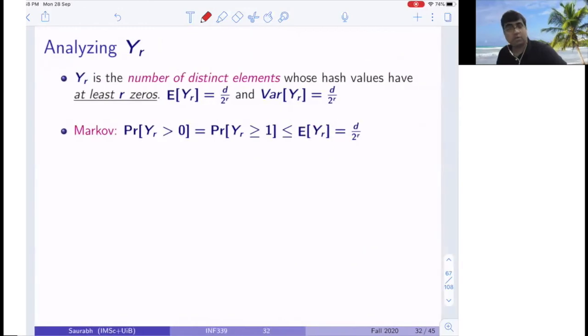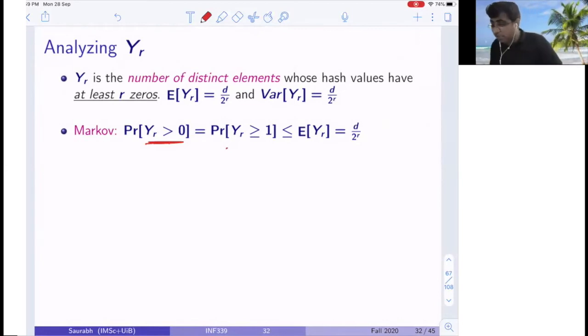Okay, so now let's apply Markov. What is the probability that Y_r is greater than 0? Meaning, what is the probability that there is at least one element with r zeros?